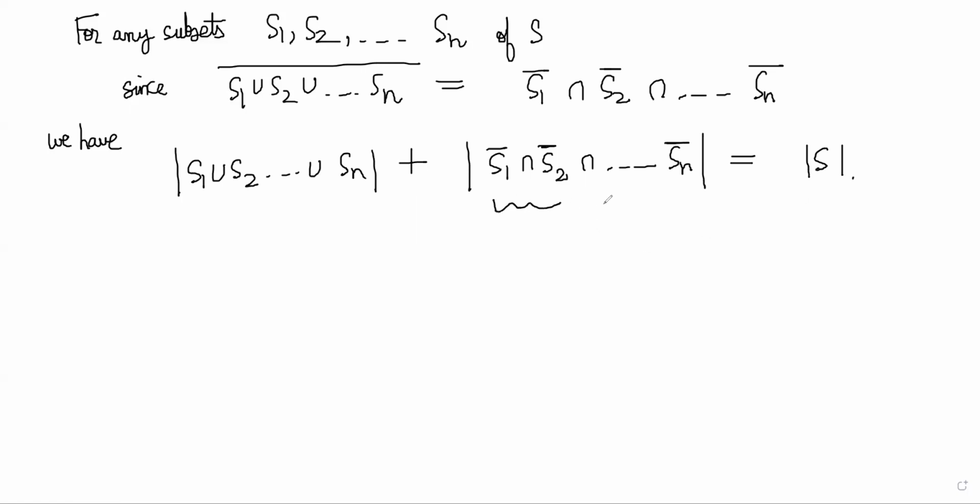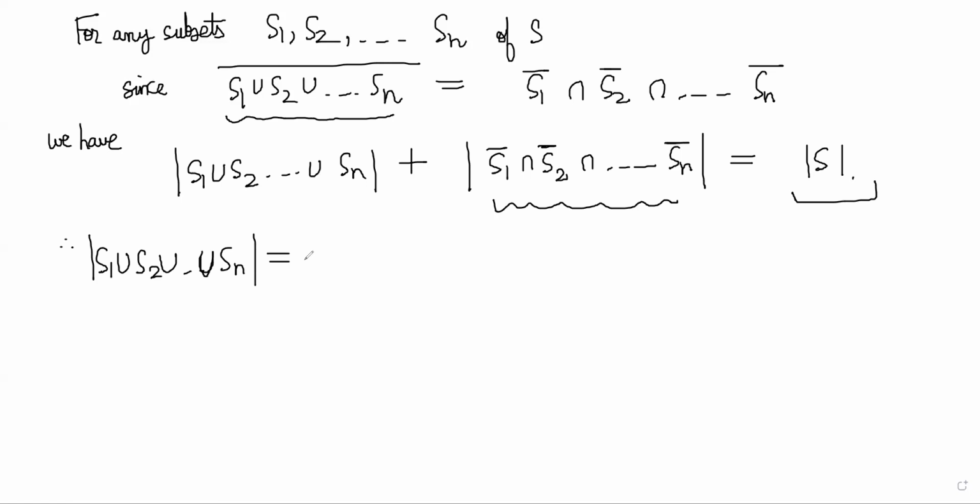Because this actually is the complement of this, right? And when you add some set plus its complement, it should be the overall universal set. Therefore, theorem 2 is basically the dual form of theorem 1.